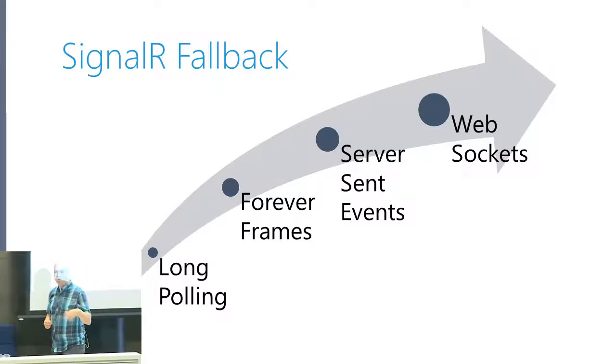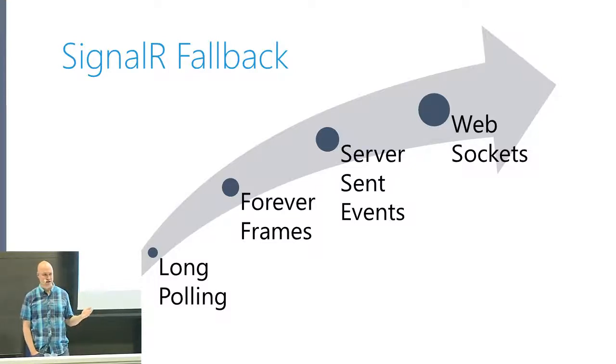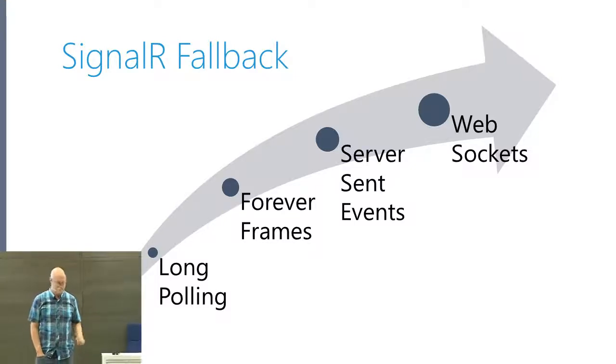A lot of implementations you'll see for real-time web applications, if you go using an older browser, they'll say, sorry, come back when you've got Chrome, or come back when you've got IE11, right? And so this allows us to, for each browser, make the best connection with them that we can, and still support everybody. Make sense?